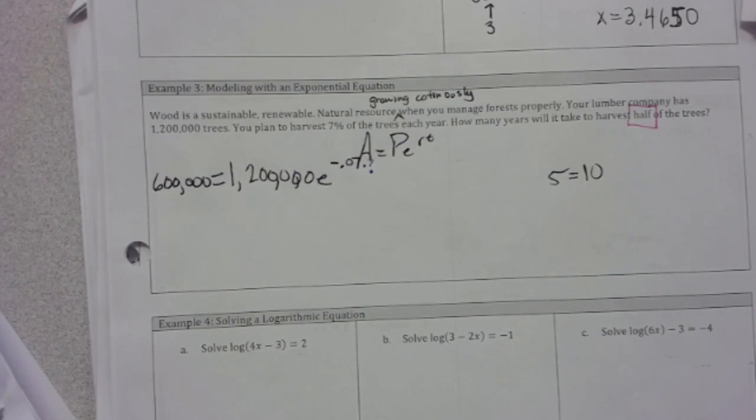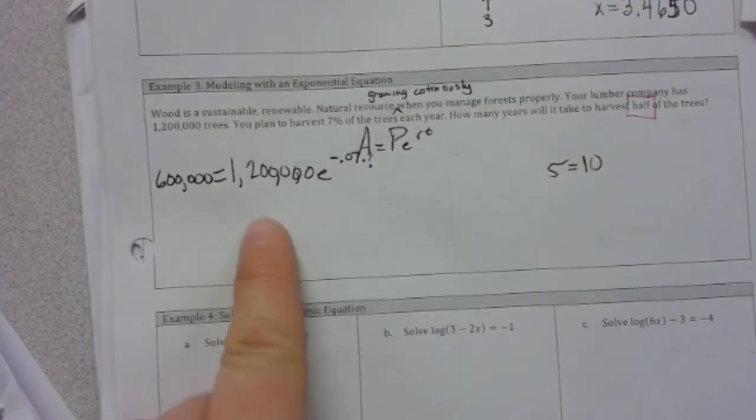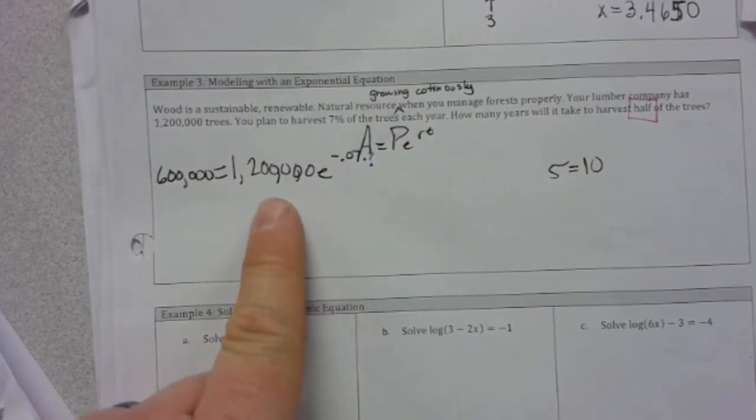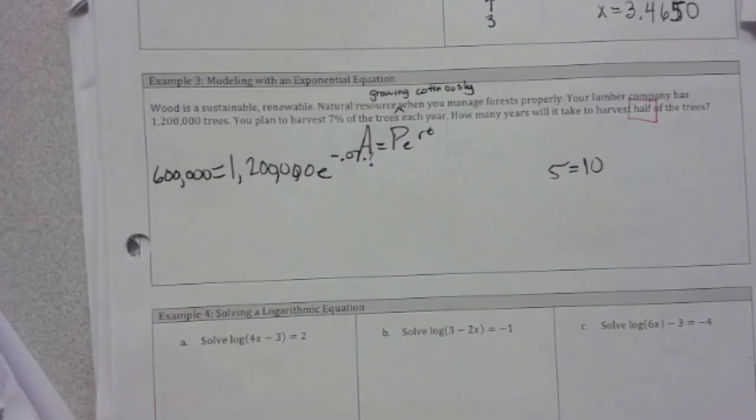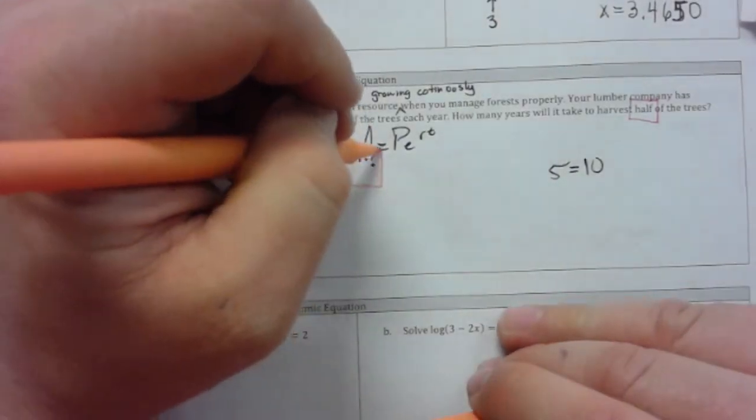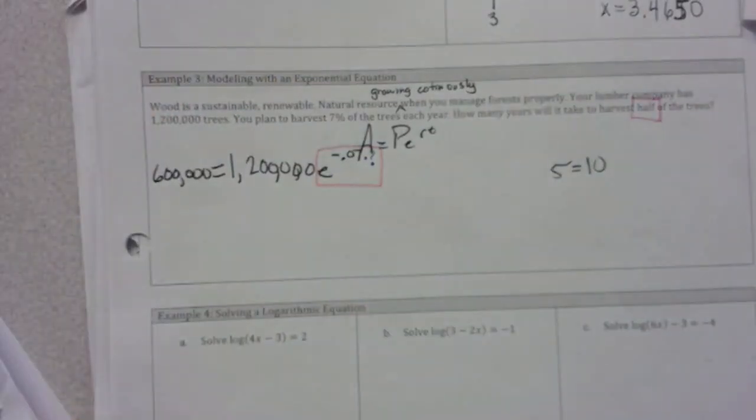Think about it. This right here is the exact same way. I would divide by 10, and would I not still get 0.5? So what's left over? E raised to the negative 0.07t.